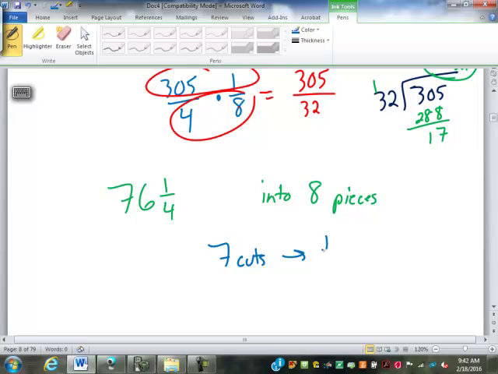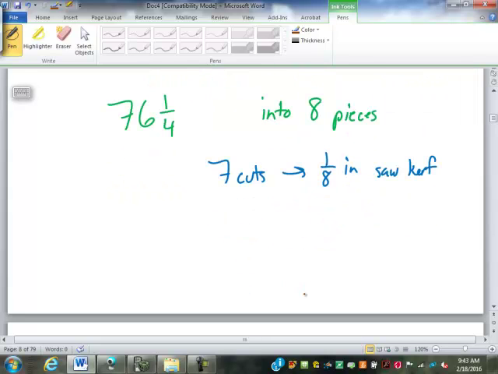Let's say your saw has what's called a 1/8 inch saw kerf. You don't need to know this term. What that means is the saw takes out 1/8 of an inch as it cuts, which is pretty standard. So cutting this is going to take out how much? Well, 7 times 1/8, make this 7 over 1. 7 times 1 is 7, 1 times 8 is 8, so it is 7/8 of an inch.